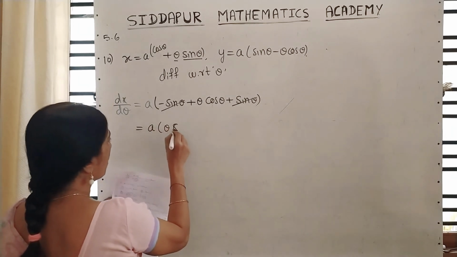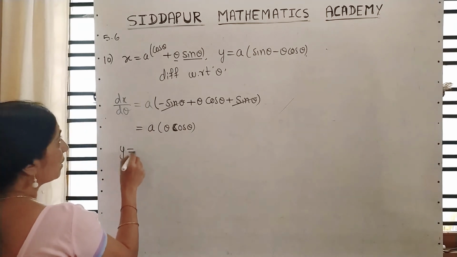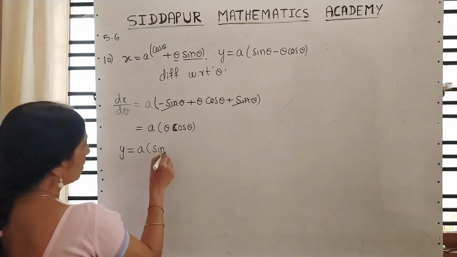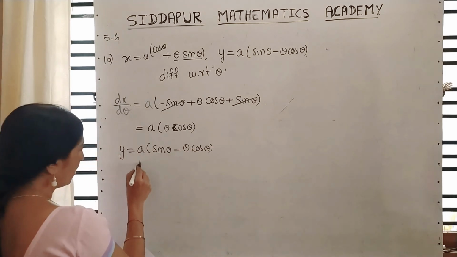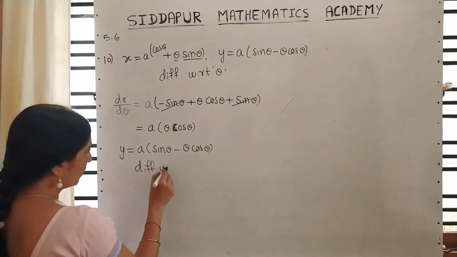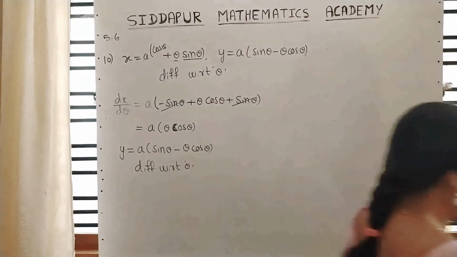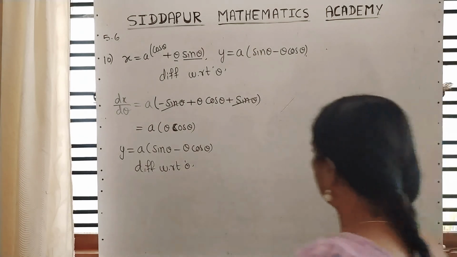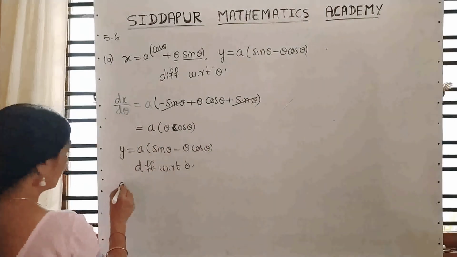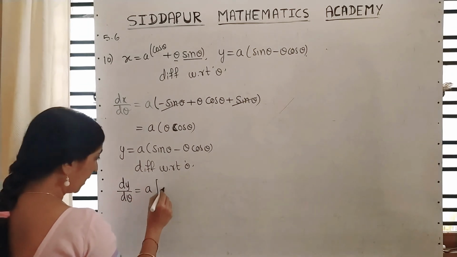a theta cos theta. Next, y is a sin theta minus theta cos theta. Differentiating with respect to theta. Here also we have to apply the u into v method. dy upon d theta is equal to a constant in the bracket.